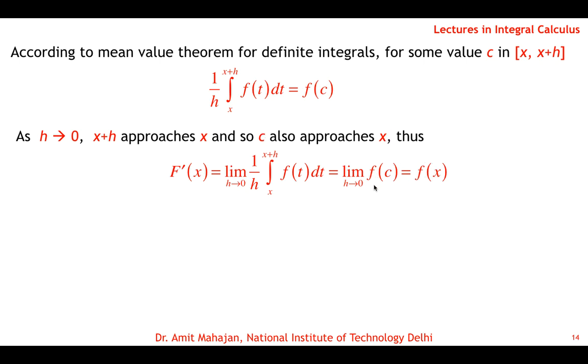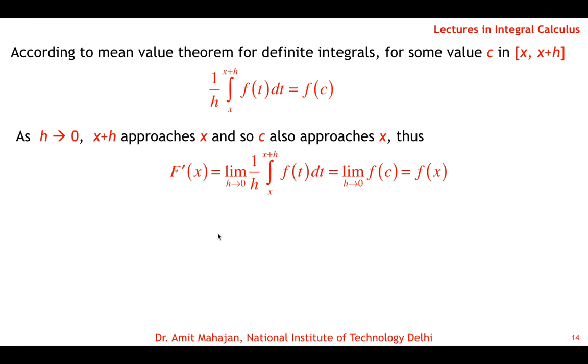So we have the result that the derivative of the capital F function is the same as the small f function. That means this function has the antiderivative, and because it is now a differentiable function, it also implies that it is continuous on [a, b].